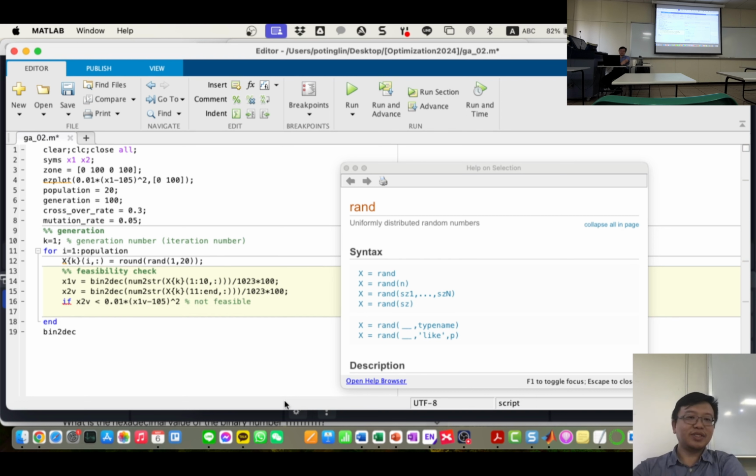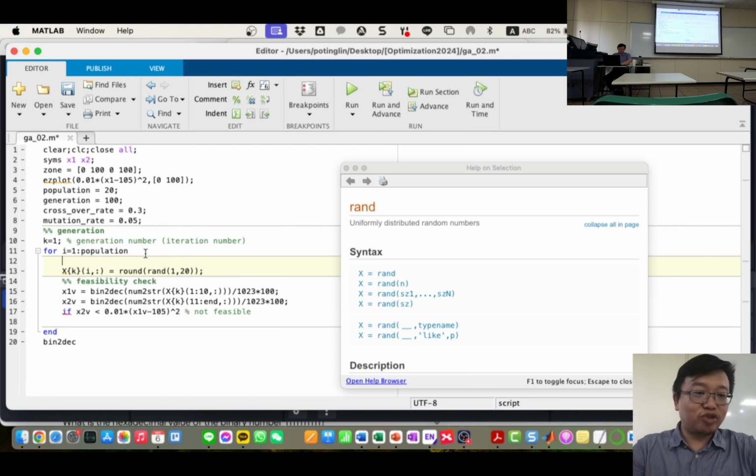Then I need to generate another one. So over here, I need a while loop. I need to keep on generating until I find a good one. So over here, I'm going to generate a flag. It's called a feasible flag. At the beginning, it's 0.